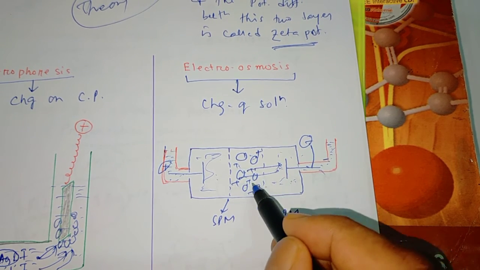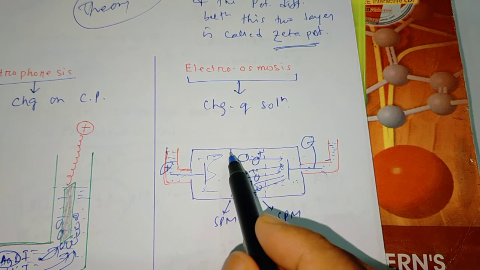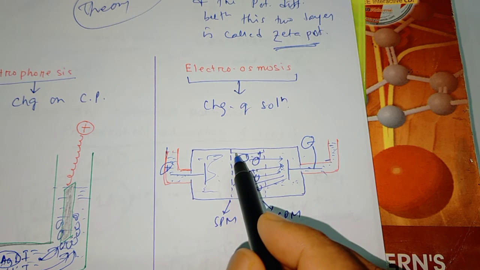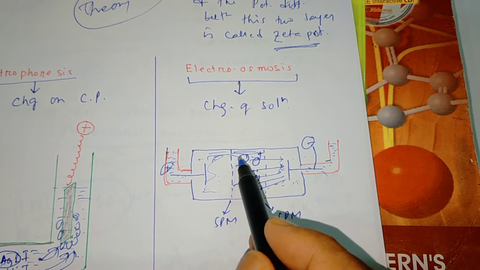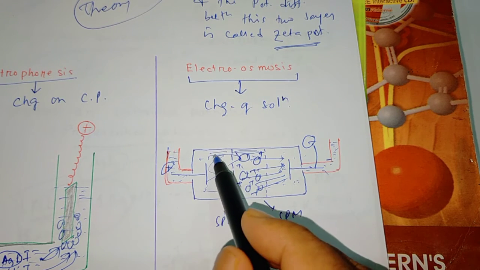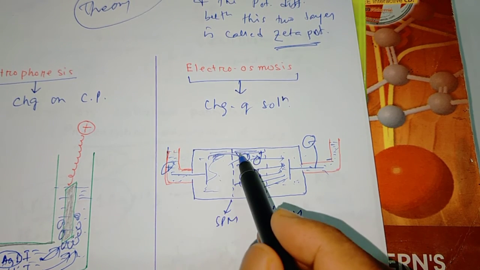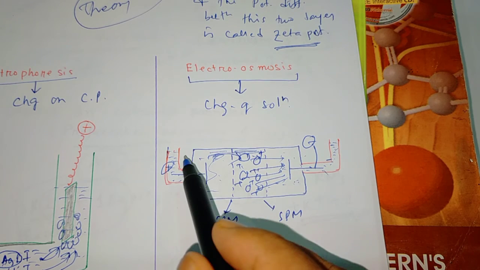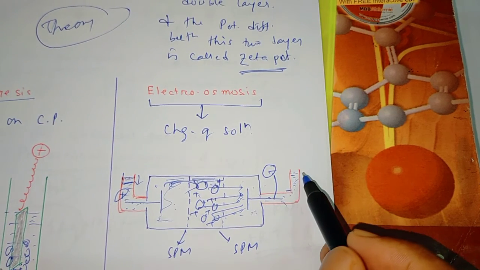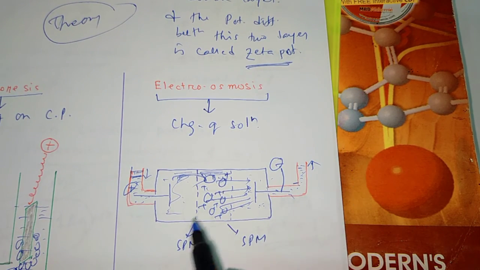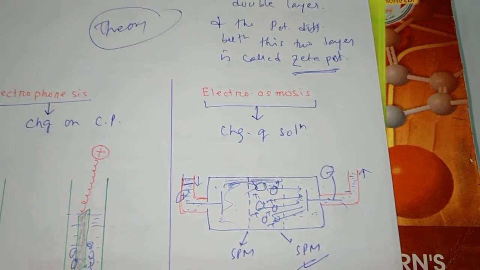All the positive charges move towards that negative electrode. Then how can you prove that? You will see that the solvent level in this part is decreasing, and the solvent level in this one is increasing. So that proves that there is charge in the solution.